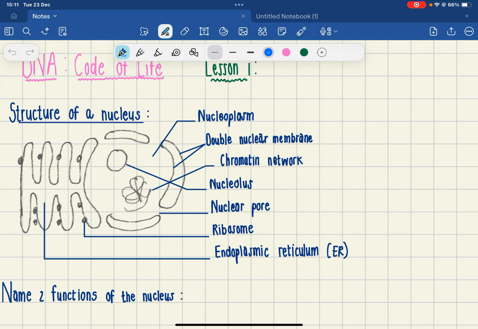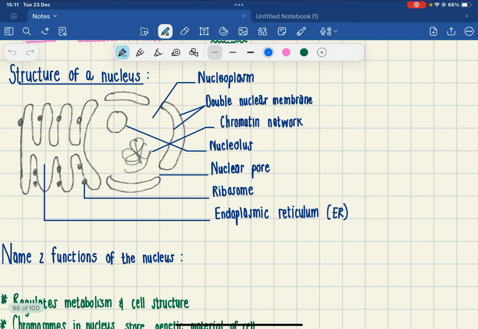First of all, we could see the nuclear plasm. We could also see the double nuclear membrane, the chromatin network, which condenses during a certain phase in meiosis as well as mitosis. We found the nucleolus, the nuclear pore, the ribosome and the endoplasmic reticulum. Know the structure of the nucleus, boys and girls, off by heart.